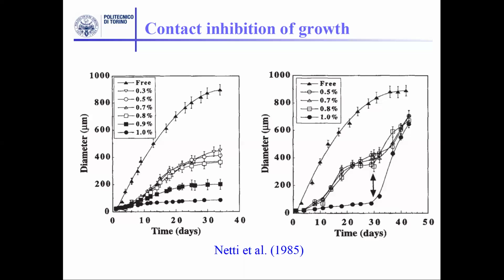This means that when the cells are growing, they are, of course, displacing the gel. The gel is an elastic material which will then respond to this compression, applying a stress on the cells. And you see that all of them will, in the end, tend to a limit radius.